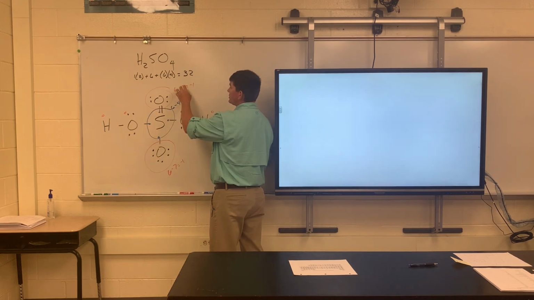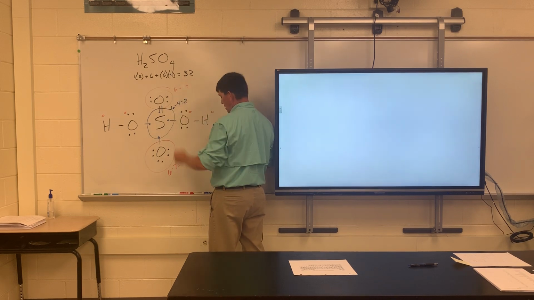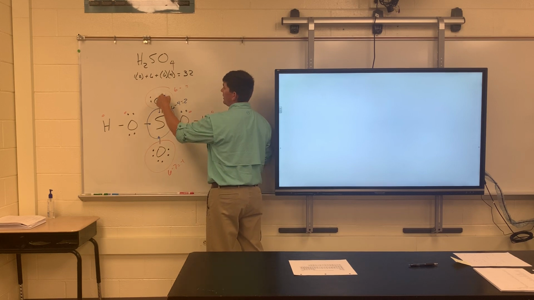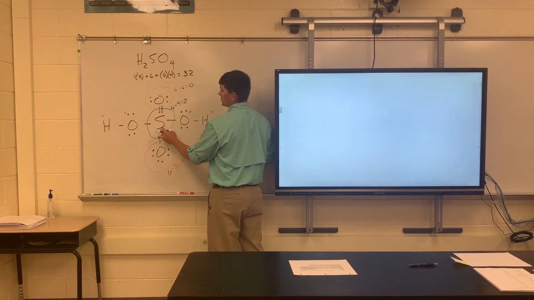By doing so, it's going to make this formal charge go up by 1. So now I've got 2, 4, 5, 6. So now it's 6 minus 6, which is 0. As far as the sulfur goes, the sulfur changed from having 4 to 1, 2, 3, 4, 5. So 6 minus 5 gives me a 1.